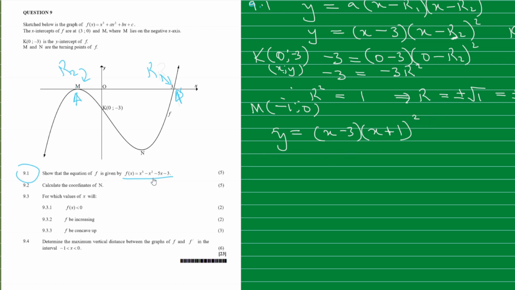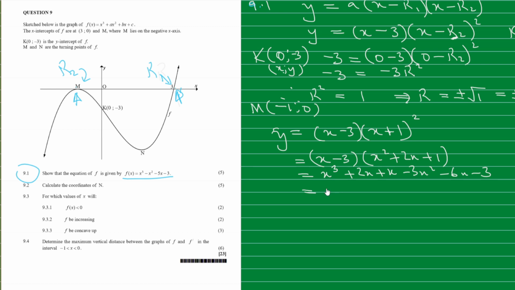To come down to this function, we have to remove brackets and expand. We keep x minus 3, and expand over here to get x squared plus 2x plus 1. Then we multiply each term in: x to the power 3 plus 2x squared plus x, minus 3x squared minus 6x minus 3.